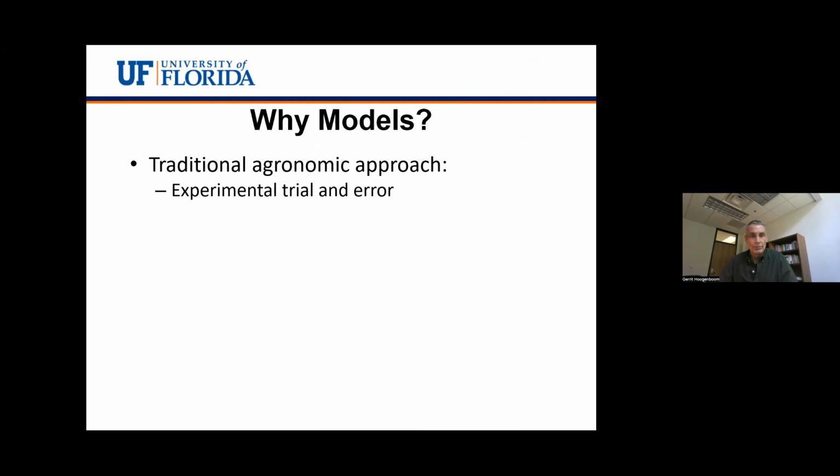So for those of you who are familiar with the more traditional approach, many of us who work in agriculture in general conduct field experiments. We sometimes refer to these as trial and error, where we have a certain hypothesis where we might be looking at the impact of different fertilizers, impact of different varieties, planting dates, etc. These are replicated experiments normally.